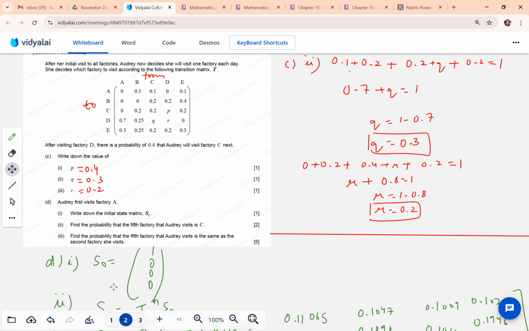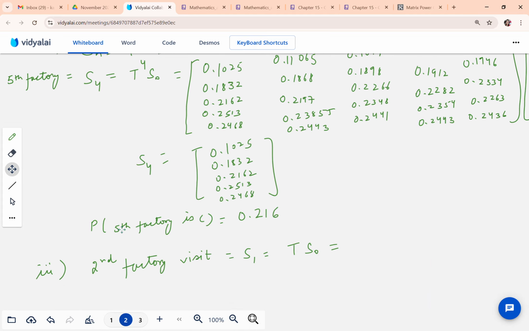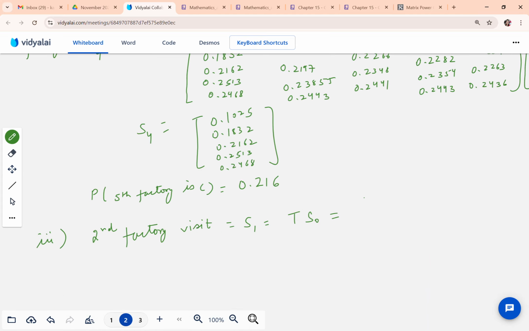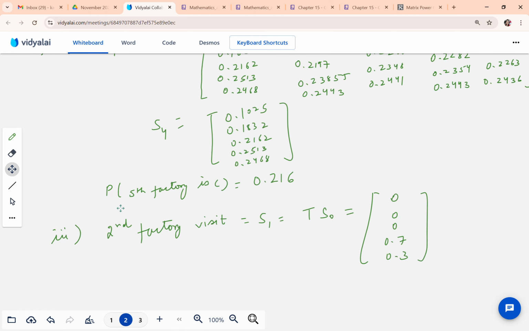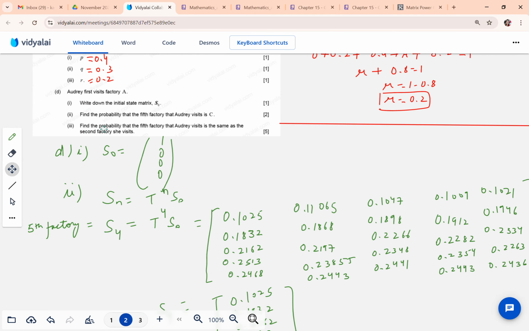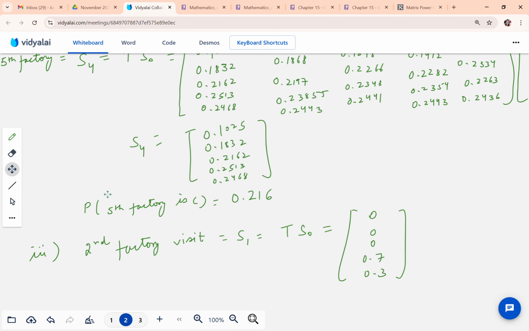When you multiply it, you will get 0, 0, 0, 0.7, 0.3. So the probability for A, B and C is 0, we just have D and E. So according to the question, they have asked to find the probability that the fifth factory that Audrey visits is the same as the second factory she visits.